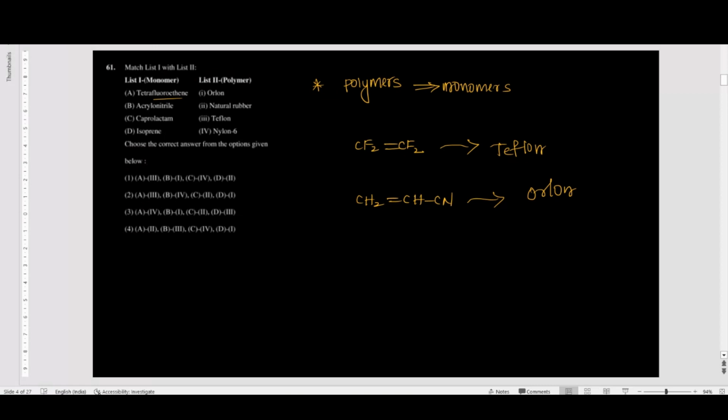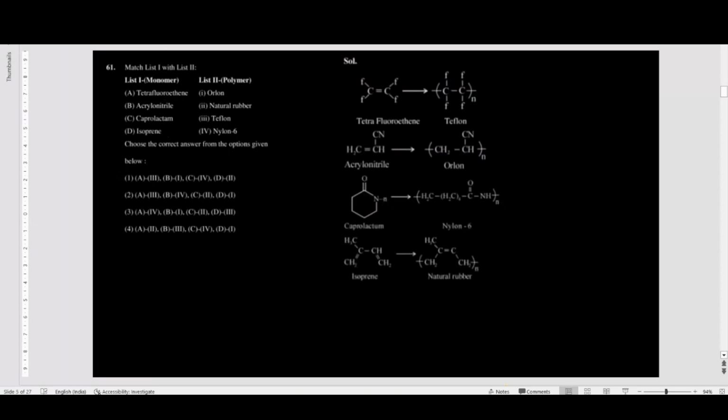So B is 1, so you can take option 1. B is 1 and A is Teflon, and caprolactam means nylon 6 only, and isoprene is natural rubber. If you know any two of these, you can easily get the answer here. So I hope you got this. Here I have given the solution also, you can check this.